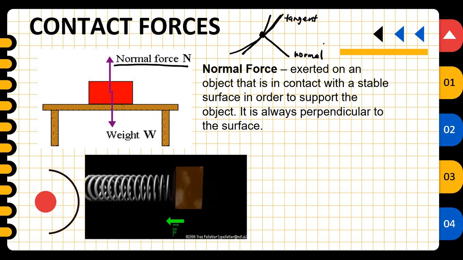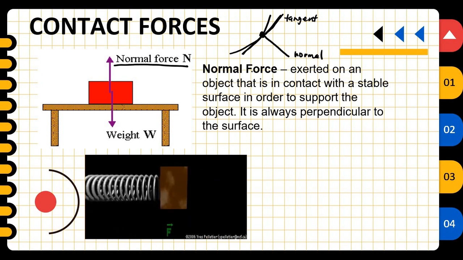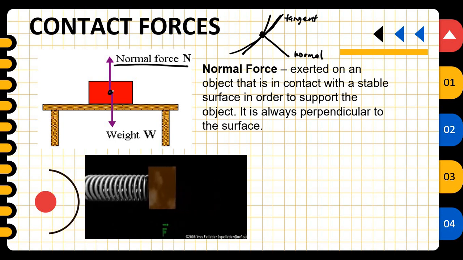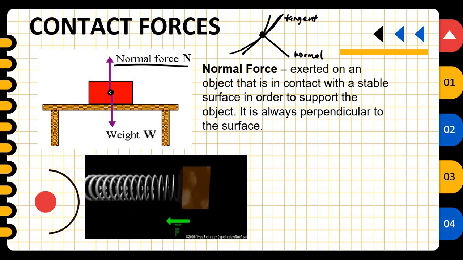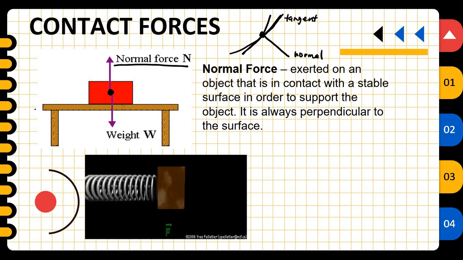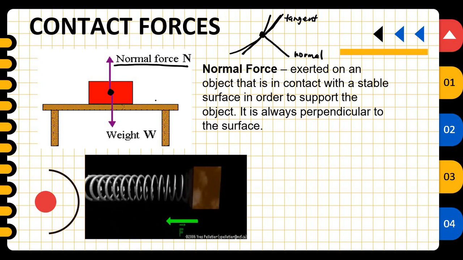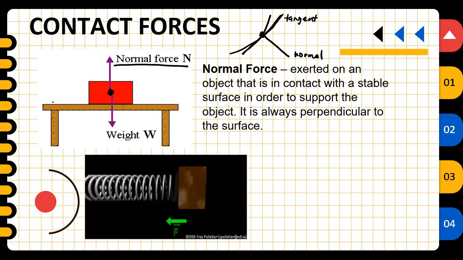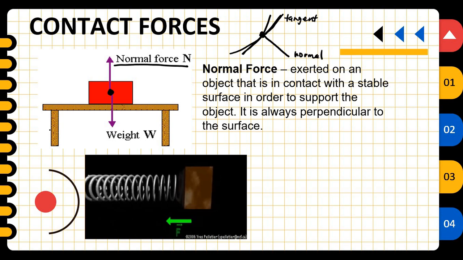Now, since all objects of interest in physics are treated as particles, that would be similar to the point in the graph. These surfaces where the object of interest is located, let's say in our example right here, we have the table.